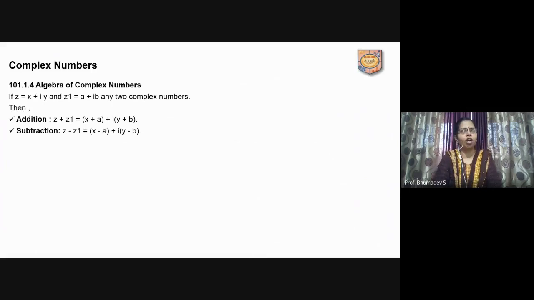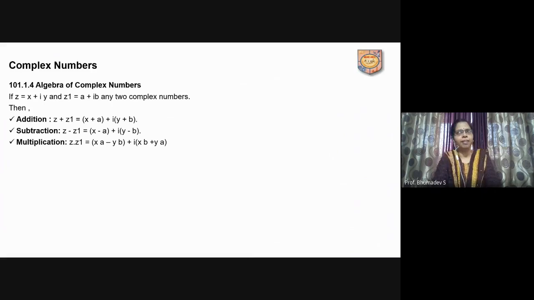The subtraction we can do the same way. We can subtract the real parts, which is x minus a, for z minus z1, plus i into y minus b, which is the imaginary part of z minus z1.